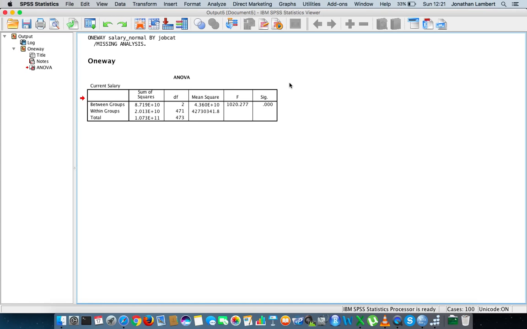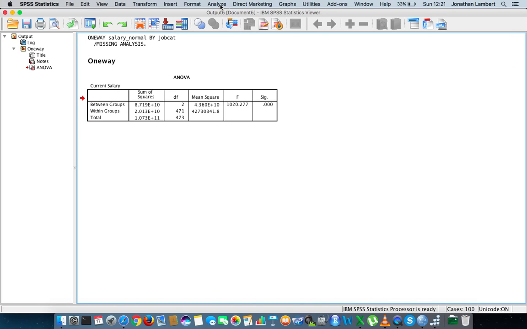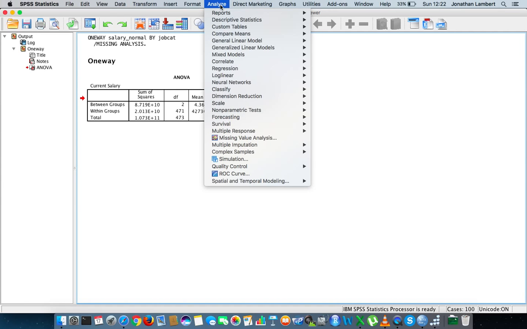Now, earlier on when we had a look at the descriptives, I said that the variance for one of the groups was colossal. It was about 55,000, where the variance for the other was about 33,000. So maybe there are differences across the variances, in which case we violated the assumption of homogeneity of variances. And we'd probably have to think about doing some alternative test.